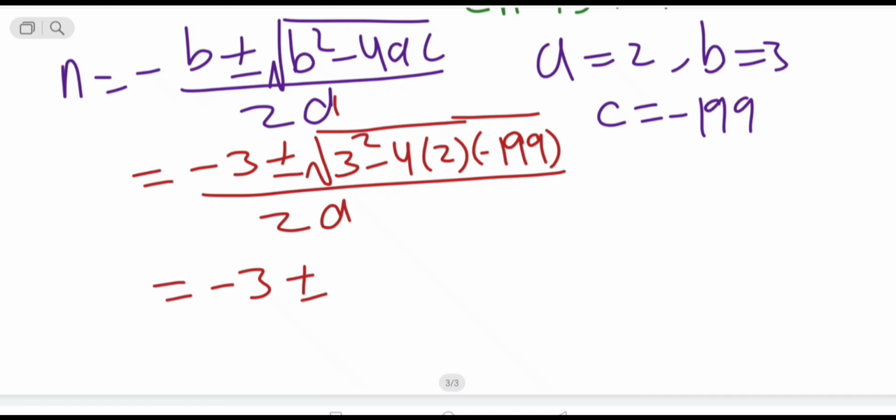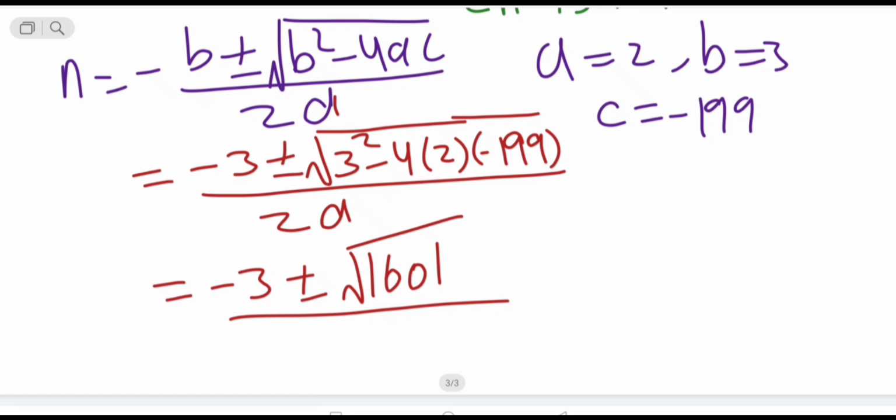So minus 3 plus or minus, we can simplify by using a calculator, which is equal to the square root of 1601 over, what is the value of a? I didn't replace it here. The value of a is 2, so divide by 4. So we have two values, one positive, one negative. We will use the positive value, not the negative, because n should be positive.